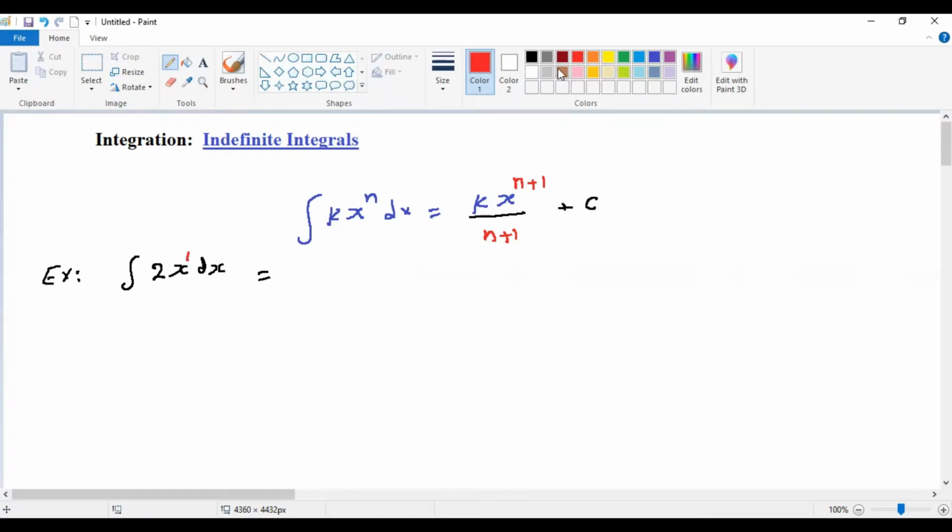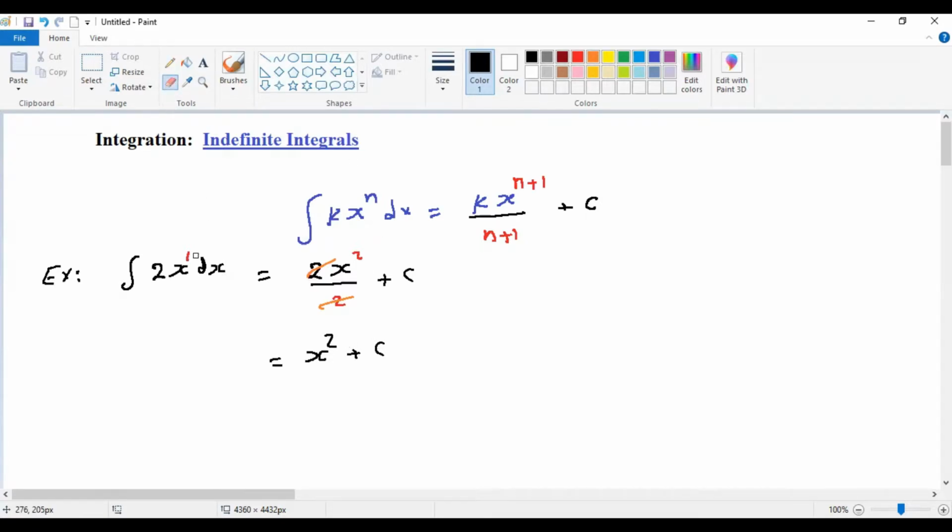Now the integral will be equal to k, which is 2, x to the power n plus 1, which is 2, over n plus 1, so 2 over 2, plus constant. Now, this 2 with 2 cancels. So the answer is x squared plus c.